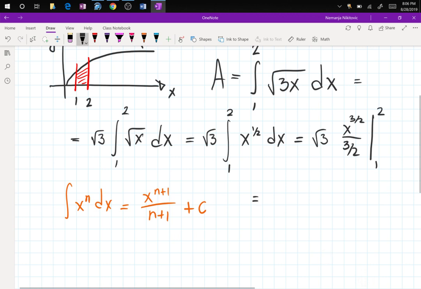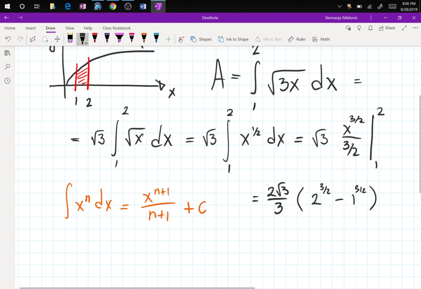So this works out to be 2 root 3 over 3 when you work out the double fraction. And now you have 2 raised to the 3 halves minus 1 raised to the 3 halves, and that is some number which is equal to the area.